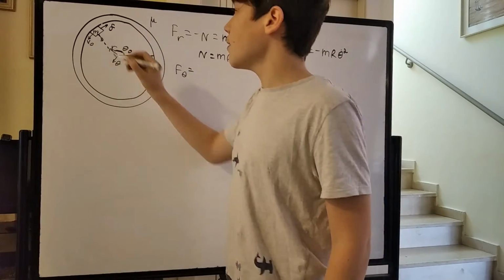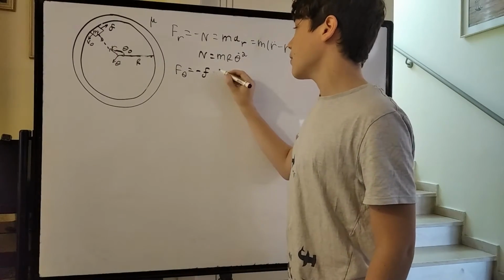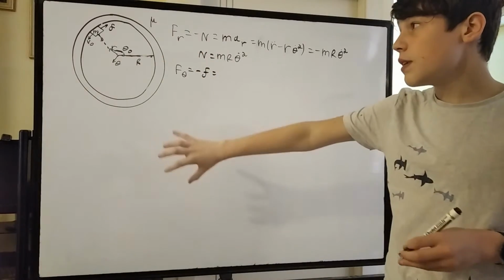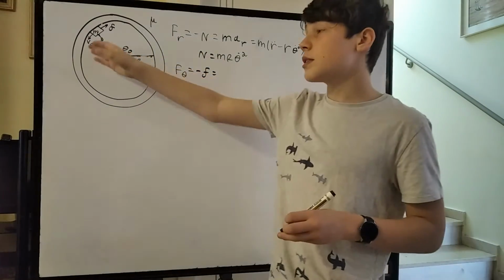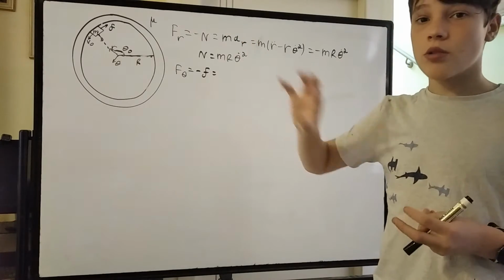Represent it as F, meaning that this is negative F. And F, because the mass is moving, it begins with velocity v0, meaning that it begins when it's already moving.